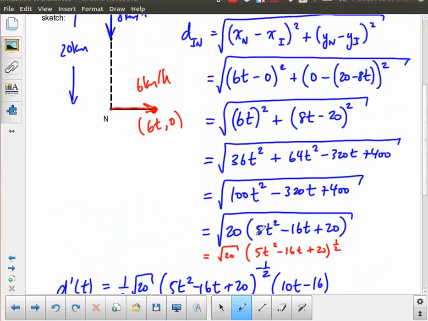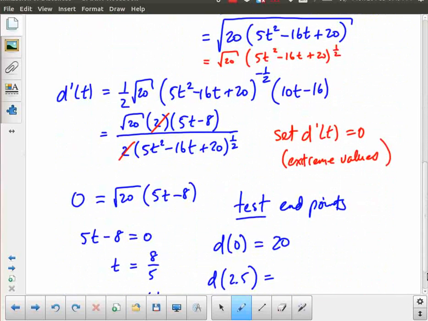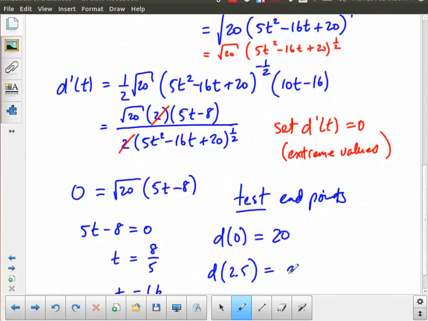But I think I will use this simplified expression. So it's going to be, let's see if I can fit it. I can. Square root of 20 multiplied by the square root of 5 times, and instead of 2.5, I'm going to write this as 5 over 2 all squared, minus 16 times 5 over 2 plus 20.